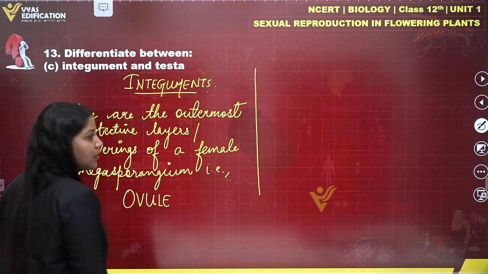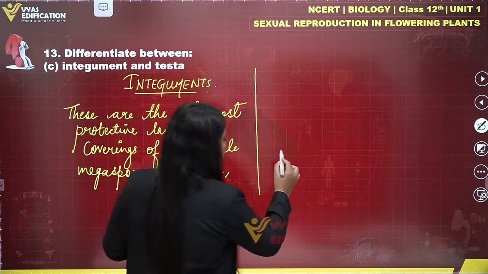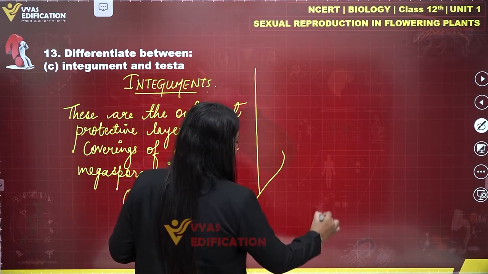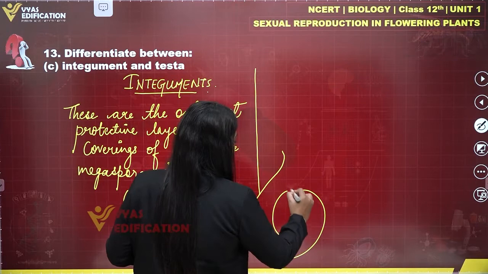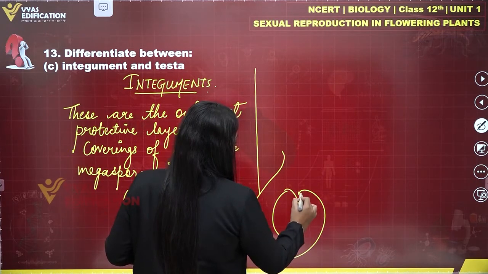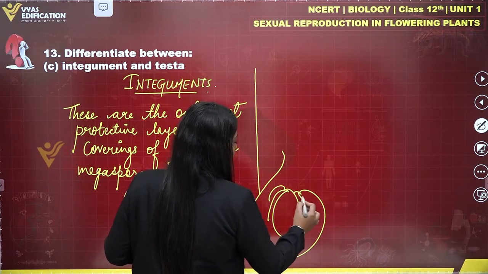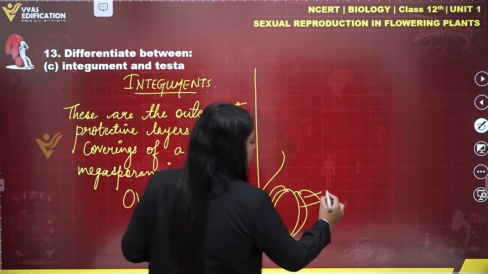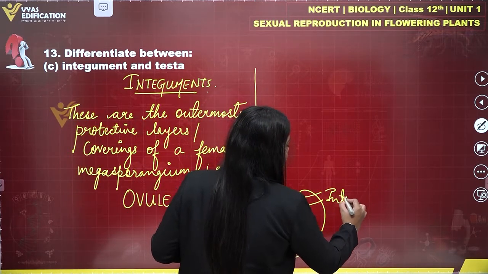We know that if we draw a diagram of an ovule, it looks like this. This having coverings. What are these coverings? These are integuments only.